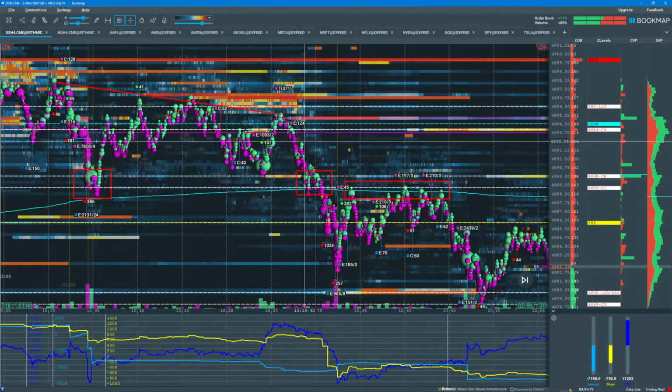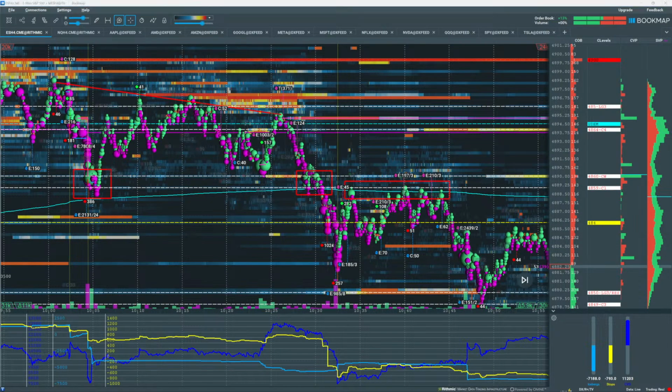All right, so there's that series of lower highs in ES, shown with that trend line there. Good entry point: short right at this 48.64 level, combo 4 level, and this upper daily expected move just above that.